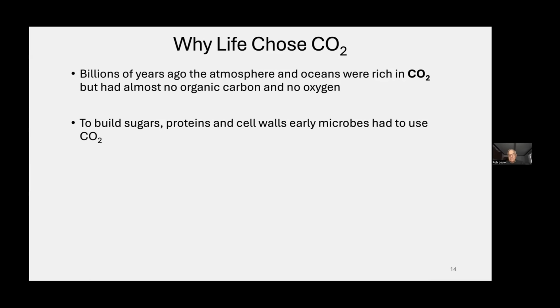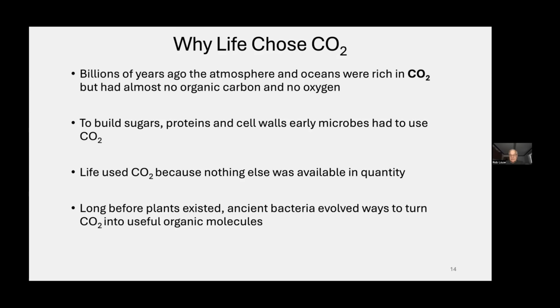There was no other compound in the kind of abundance that CO2 was. Life used CO2 because nothing else was available in quantity. Long before plants existed, ancient bacteria evolved ways to turn CO2 into useful organic molecules. So this goes right back billions of years.